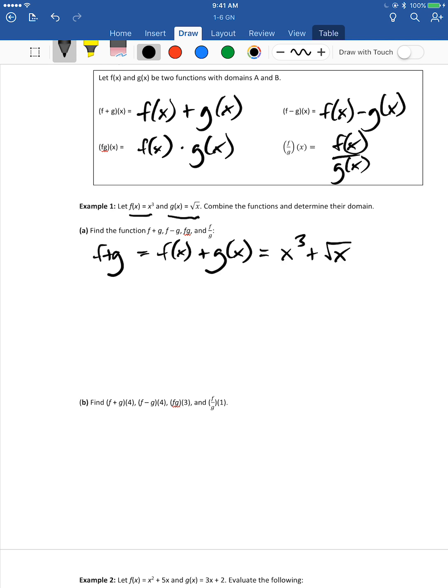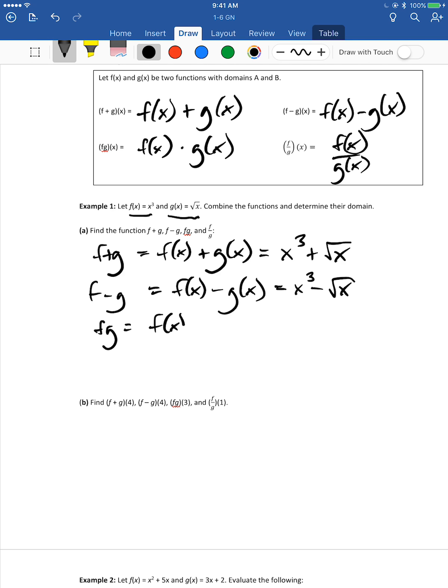Pretty straightforward. f minus g is f of x minus g of x, again based on our definition. So we have x cubed minus the square root of x. So hopefully I haven't confused you yet. fg is f of x times g of x, which is x cubed times the square root of x.